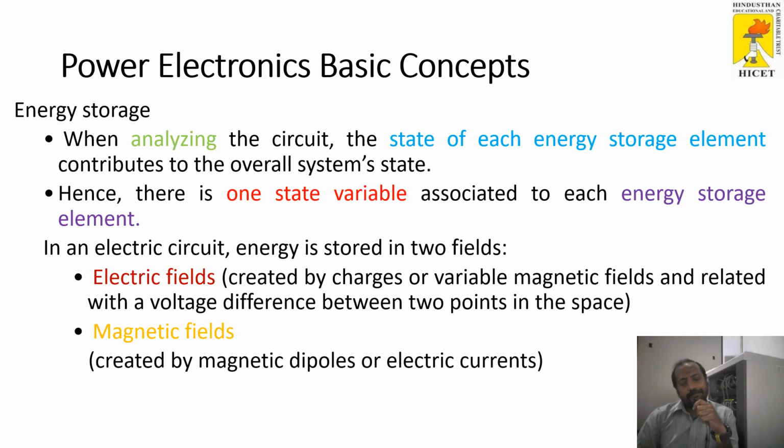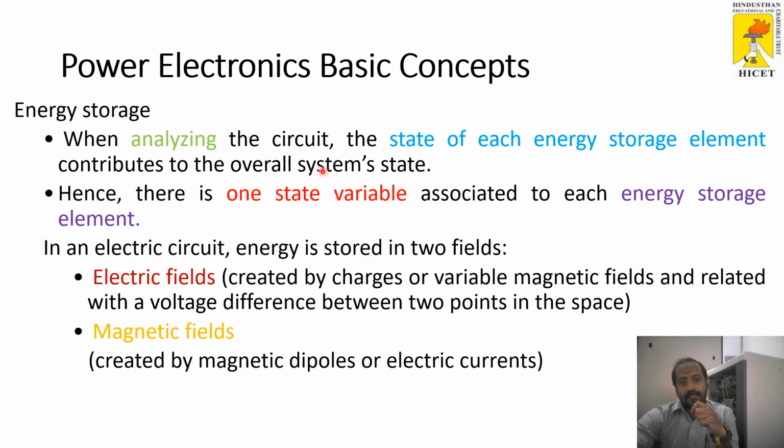Now moving into the basic concepts of power electronics, that is controlling the flow of electric energy by switching electronic circuits, which is what power electronics is all about. For that purpose, we prefer energy storage. In a particular electric circuit, we analyze the state of each energy storage element, which contributes to the overall system.